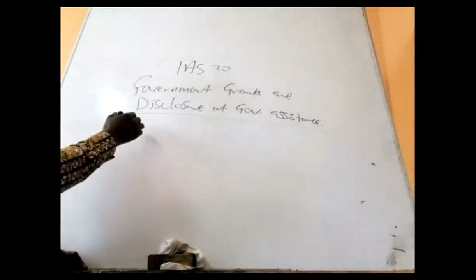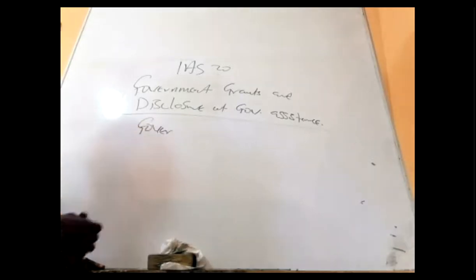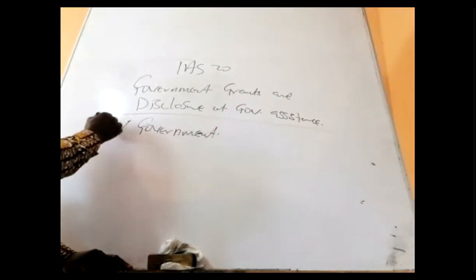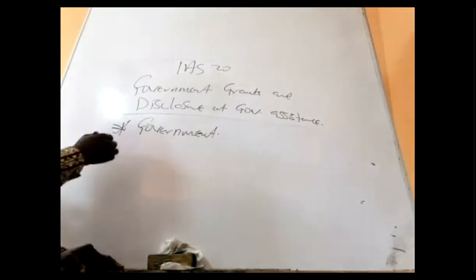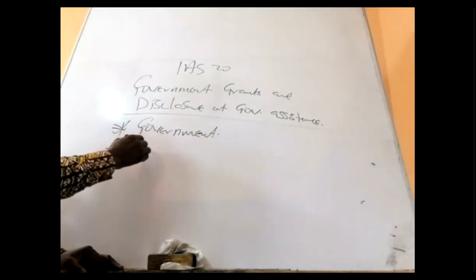So all right, some few terms. I'll go straight to the terms. Number 1, you should know the government that you're talking about here. Number 2, government assistance.